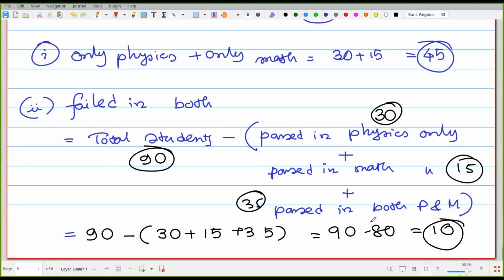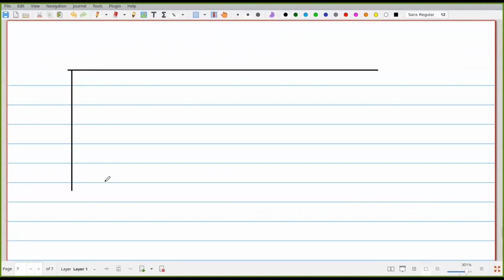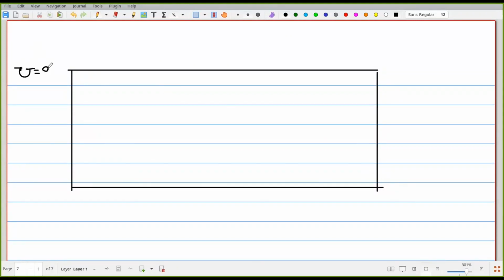How we can prove it? Using Venn diagram, using only a single rectangle. So that is our first thing, our universal set or our U, that is 90. Then suppose we are proceeding with physics. So physics is equal to 65 who have passed.